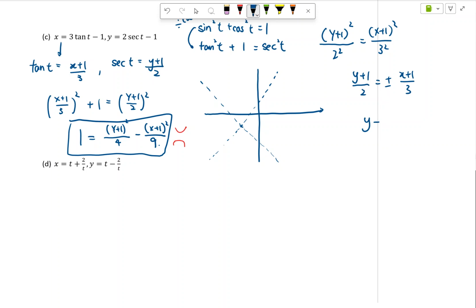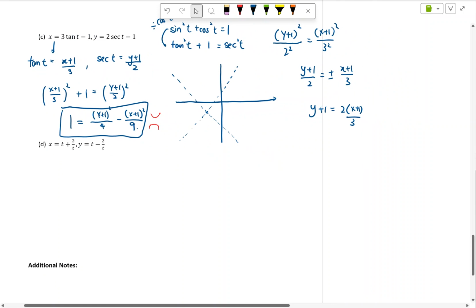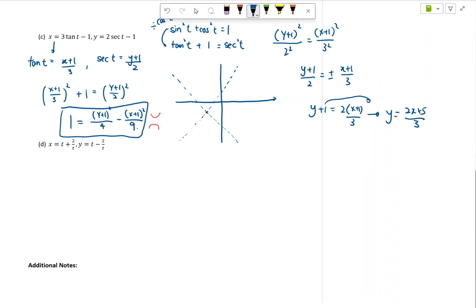y plus 1 equals to 2 times of (x plus 1) over 3. I will have y equals to 2x plus 5 over 3, bringing this 1 over here. Okay, then the other way will be y plus 1 equals to negative of 2 times (x plus 1) over 3.